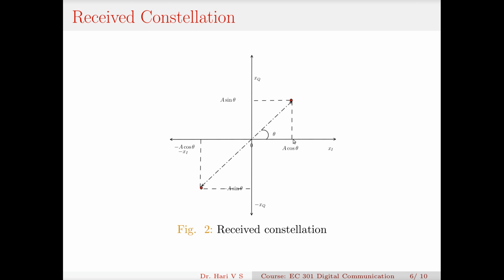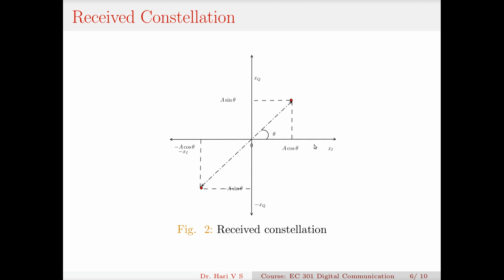You expect it here, but due to the phase incoherence, this is tilted by an angle theta, so that this received constellation point will be A cos theta, A sin theta, and this is minus A cos theta, minus A sin theta. So this distance is A cos theta, and this is A sin theta. This is the in-phase component x_I, this is A cos theta, and this is the quadrature component x_Q. So this is my minus x_I and minus x_Q.